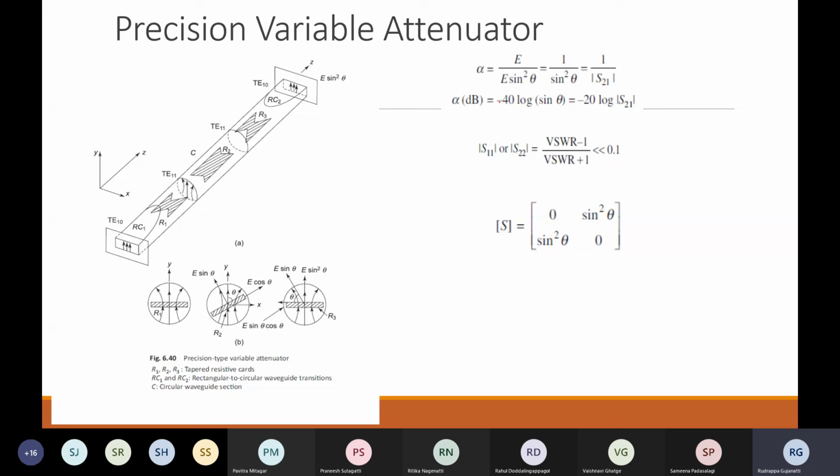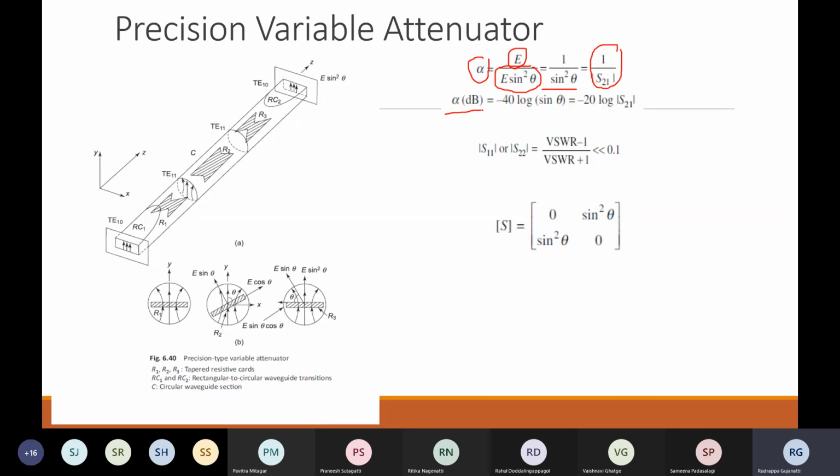Now what is the attenuation which you will be introducing? It is given by alpha, which is the input field divided by the output field. When you simplify this in terms of S21, we obtain alpha as 1 divided by the magnitude of S21.